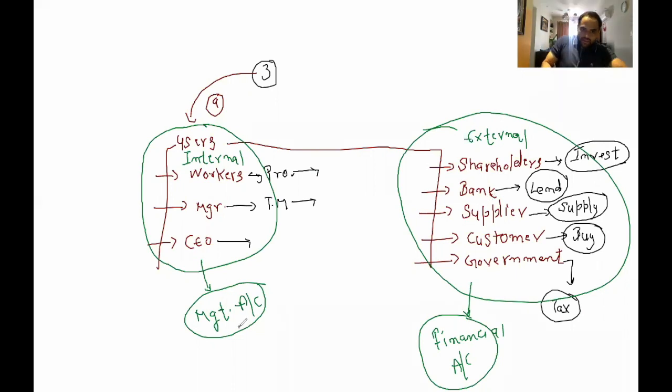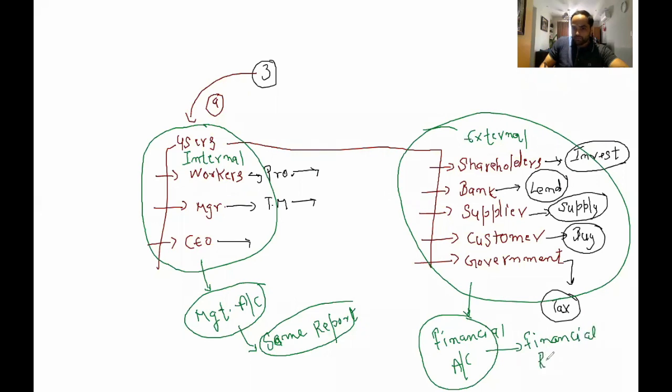They're going to prepare some reports that help internal users get financial information to make financial decisions. Financial accounting prepares financial reports. We also call it the financial statement. These financial reports provide information to the external users, right?